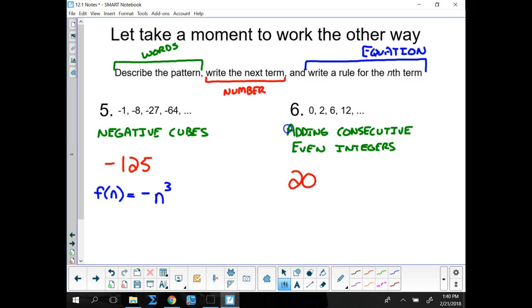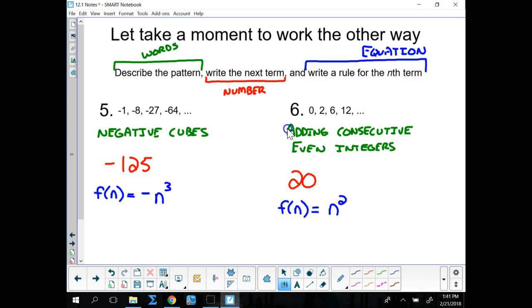Because the change is changing, the first thing we should think of is a quadratic, right? A quadratic has a squared term in it. So if I'm going to have my f of n, I'm going to need an n squared in there. Now the downfall is this doesn't fit. My first term, 1 squared is 1, but I need it to be 0.